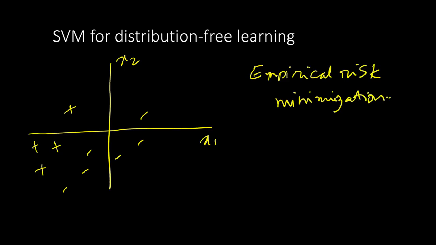So what is empirical risk? What do we mean by empirical? Empirical is basically the set of points that are given to us. How do we minimize the risk of misclassifying given these points?